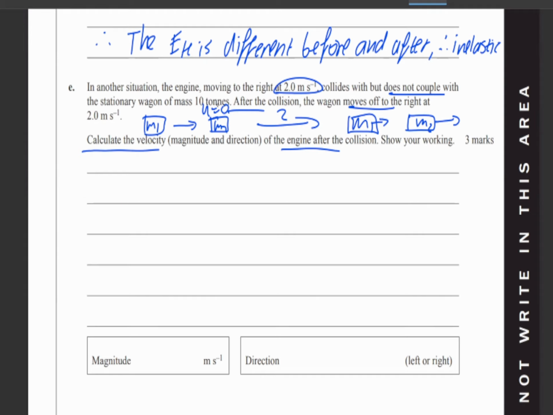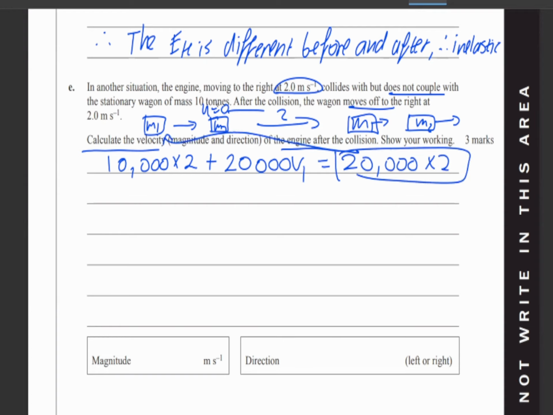So we need to calculate the velocity after. Equals, so this is from here, and this is from this side, and then that should equal 1 meter per second to the right.